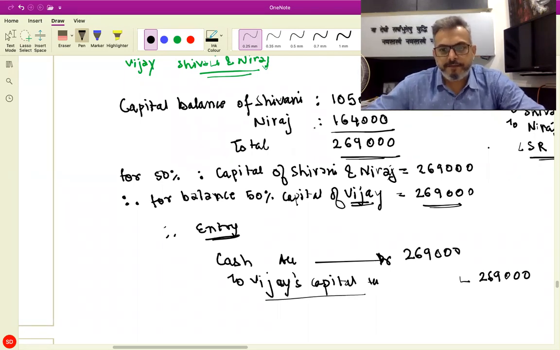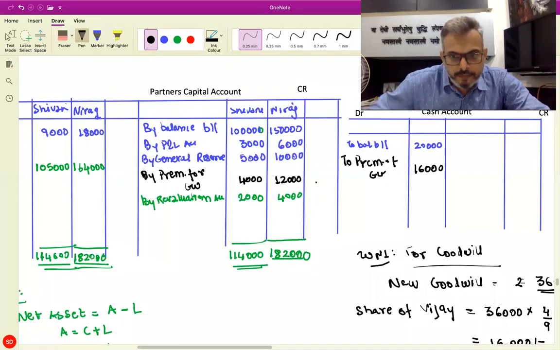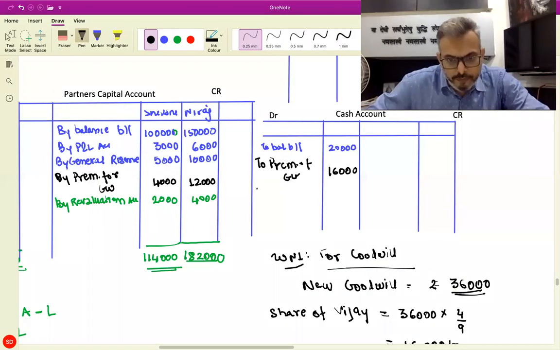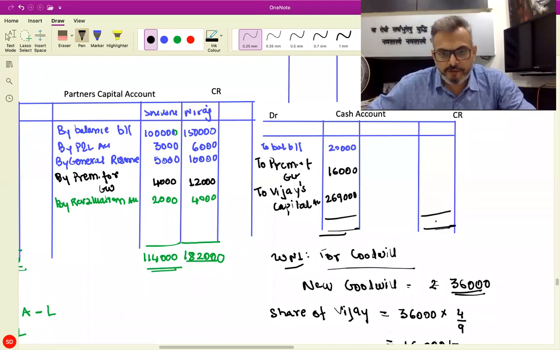Pass the entry to Vijay's capital account 2,69,000, हम क्लोज कर ही देते हैं. 2,69,000 plus 16,000 plus 20,000.